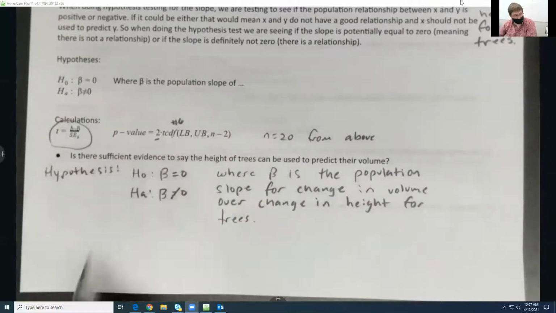So again, I'm just kind of defining what my slope is. It's the change in volume over the change in height, right? Y over x. Change in y divided by change in x. See, you guys never thought that algebra 1 lesson was going to be so important.